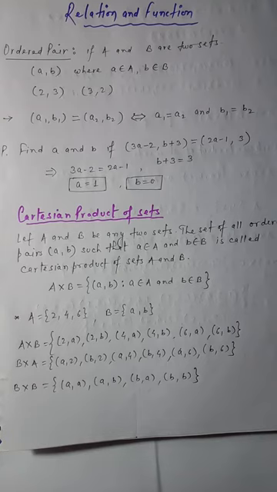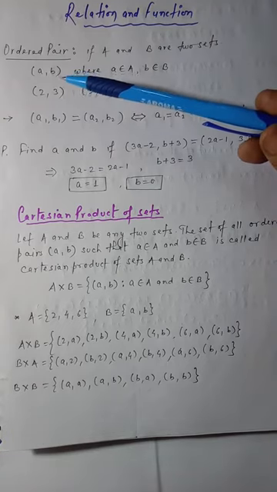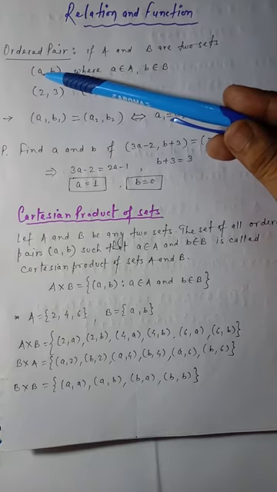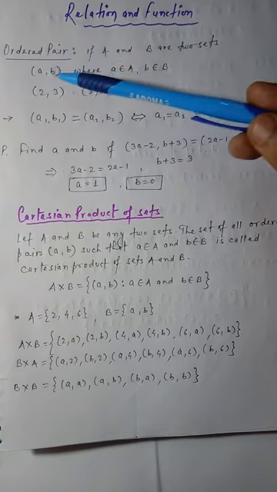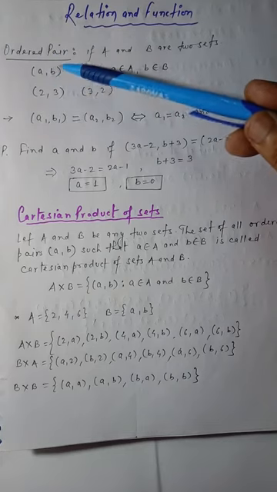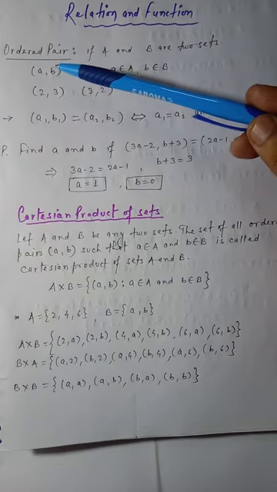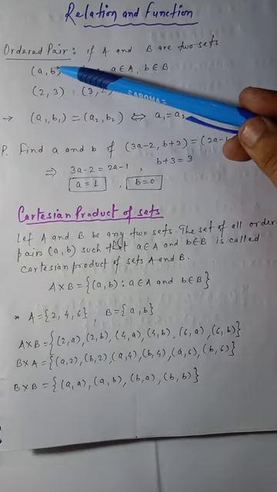So, if there are two sets A and B, and if I have written a comma b in a small bracket, it means this first element small a must belong to set A, and this small b must belong to set B. So that's why it is an ordered pair, because here order matters.